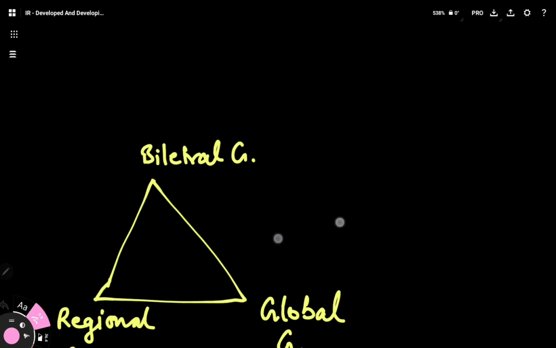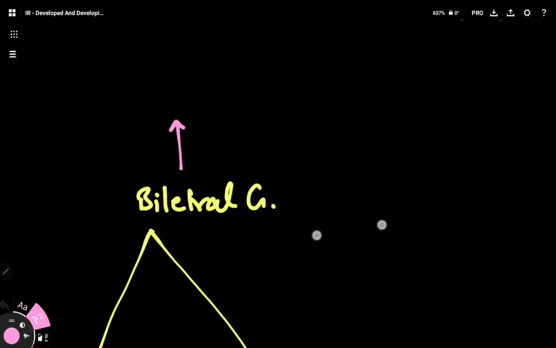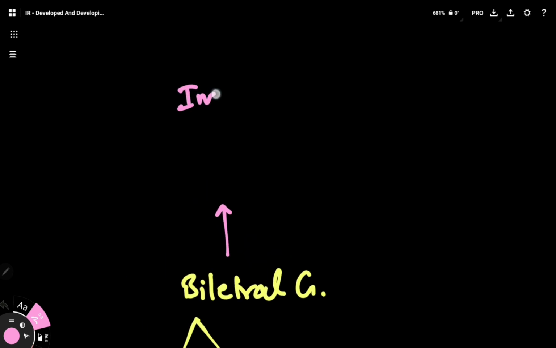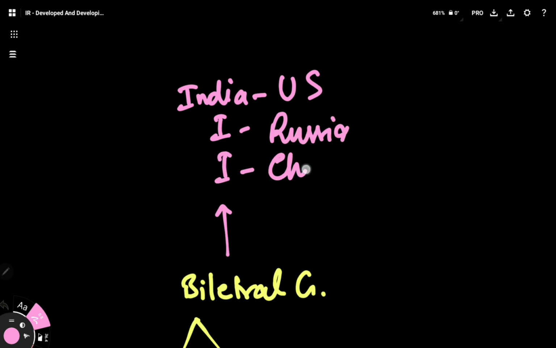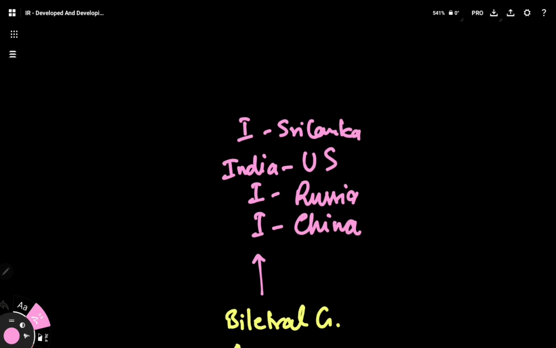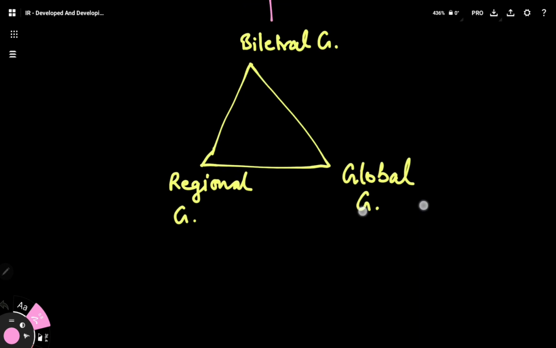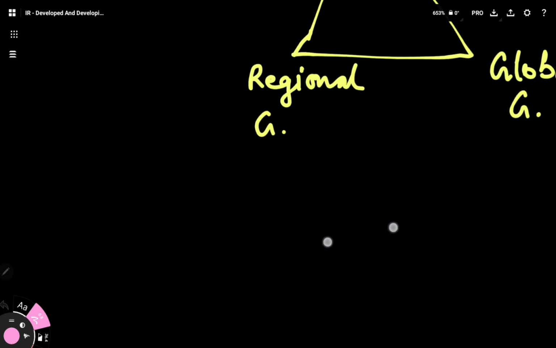If you will see bilateral grouping, like you can say India US, India Russia and India China. These are bilateral grouping. India Sri Lanka, India UAE. So these all are examples of bilateral grouping. And what is this regional grouping?